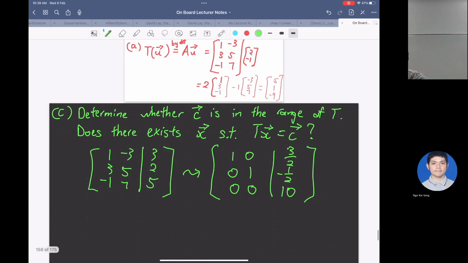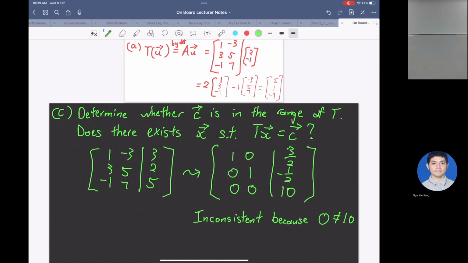So you can see that this system is consistent or inconsistent? Inconsistent, right? Why? Because 0 is not equal to 10.